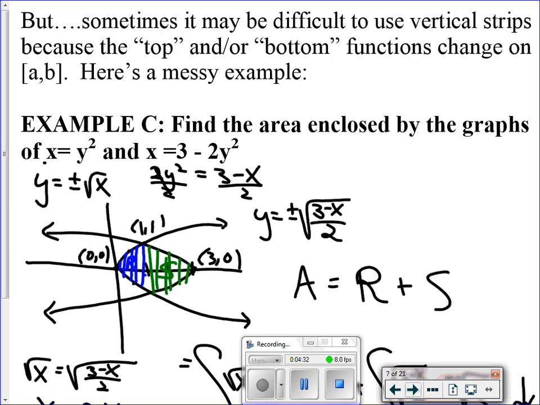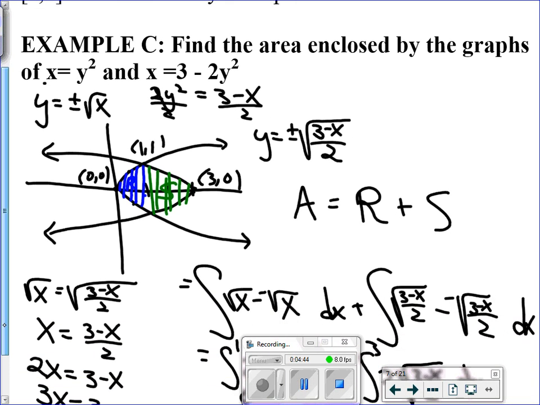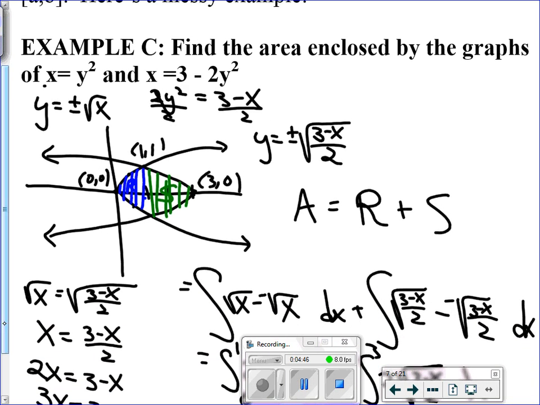Now, the other day, we ended the lesson talking about how sometimes using vertical strips might not be ideal or might not even be possible. And I gave the example of having these two, what we call sideways parabolas. And if you remember from the last example C of our notes on day 71, we saw how it would be kind of a pain having to break it up.